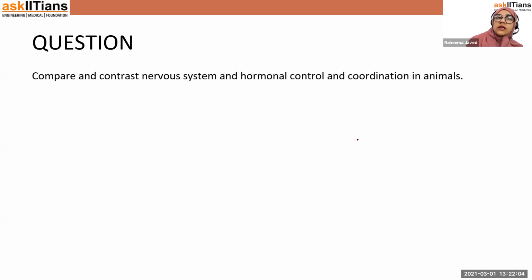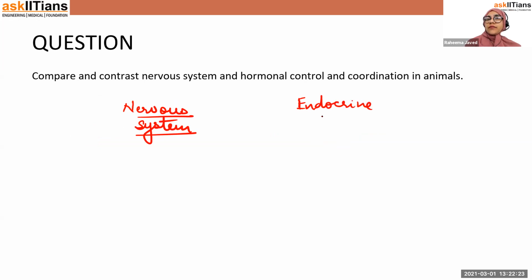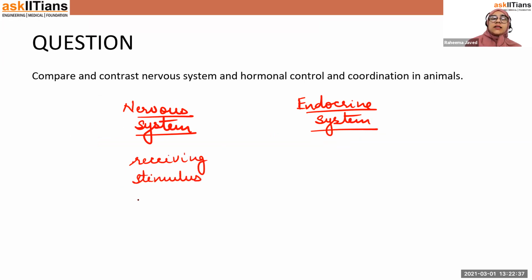Next, compare and contrast nervous system and hormonal control and coordination in animals. The nervous system is receiving the stimulus and sending it to the appropriate organ.